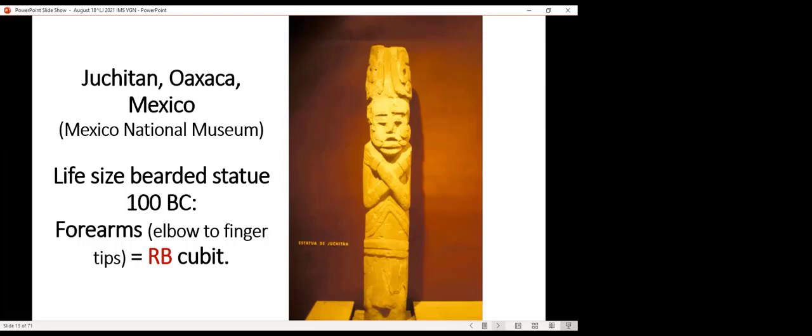It's life-size, and this bearded statue dates to 100 BC, contemporary with Izapa. The forearms, elbow to fingertips on both arms, stiff-boarded, measure exactly the Babylonian cubit.